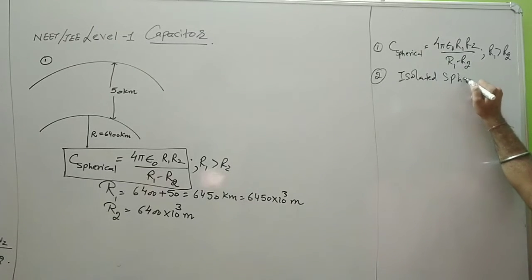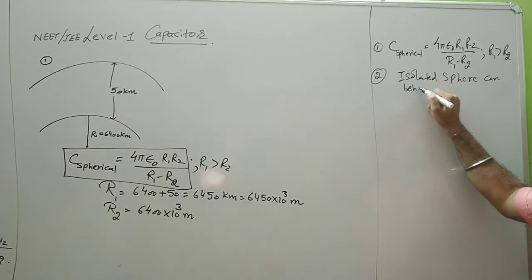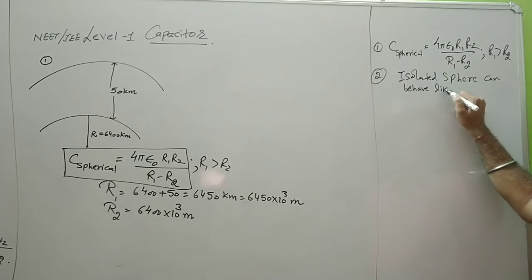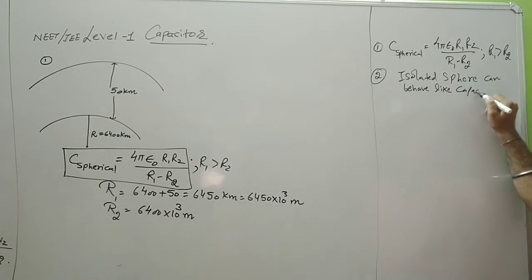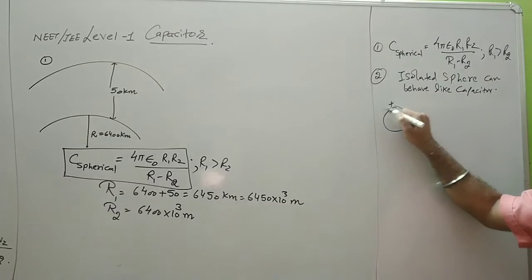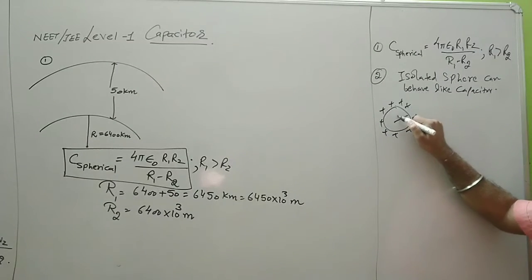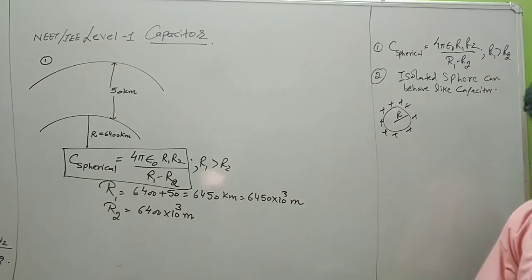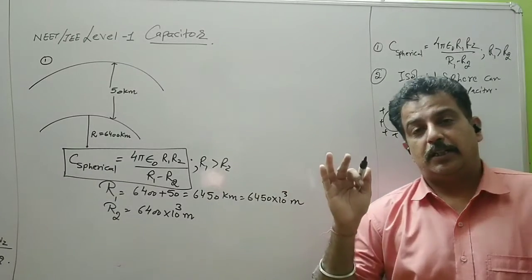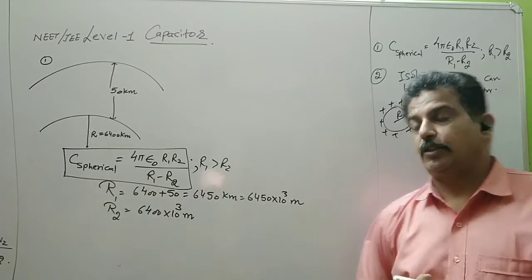If we have a single isolated sphere and it is charged, suppose this is plus charge, and its radius is very large, suppose Earth itself, it behaves like a capacitor because its radius is very large.